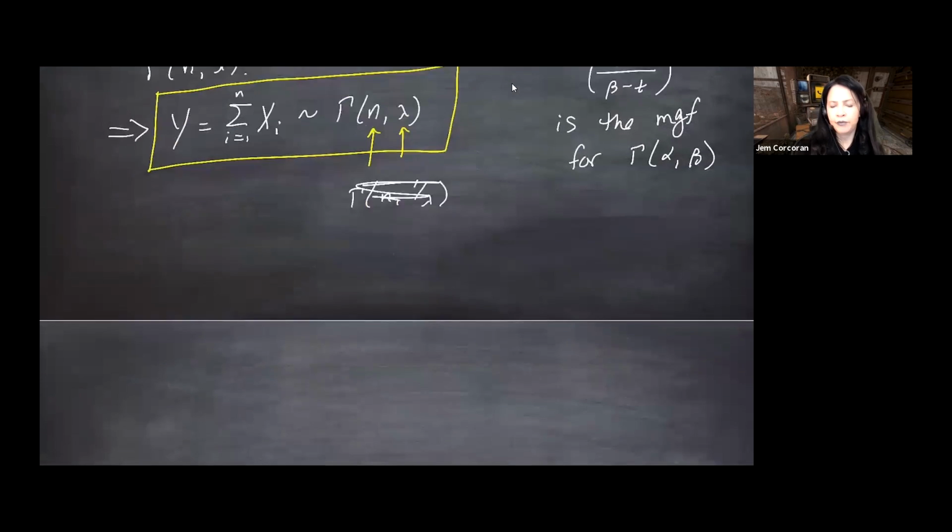I'm going to really blast through one more moment generating function. It's a new distribution. I'm sure most of you have seen this, but I'm about to introduce the normal distribution.